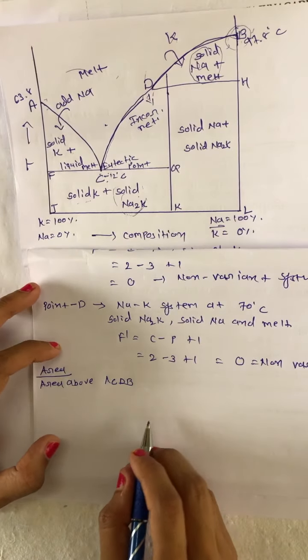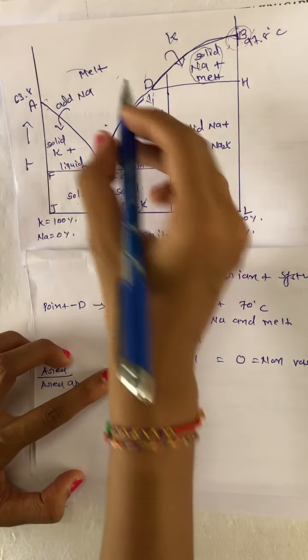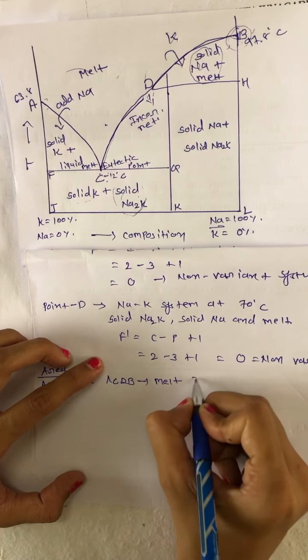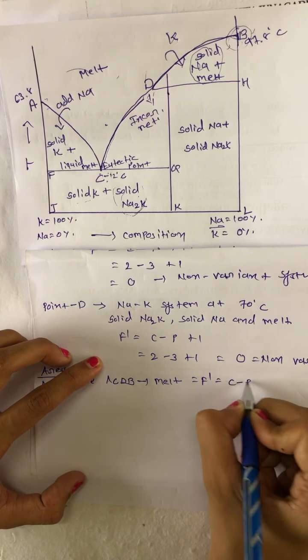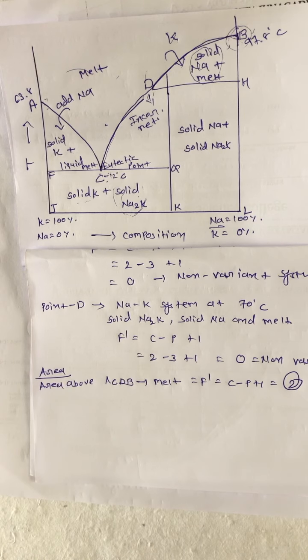Only melt is present. So F dash is equal to C minus P plus 1, so it is 2. So this is called a bivariant system.